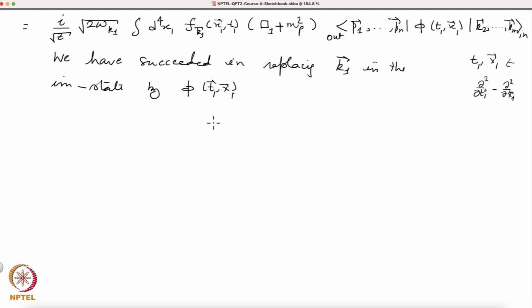Now let's forget about these other factors. We will take care of these prefactors later and only concentrate on this matrix element, okay.